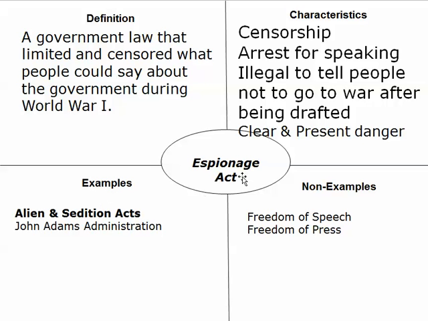An example of the Espionage Act would be the Alien and Sedition Acts, John Adams' administration. If you spoke out against the government, you'd go to jail or be deported back to your own home country. Non-examples are freedom of speech and press. A lot of people felt like the Espionage Act was a violation of free speech and press.